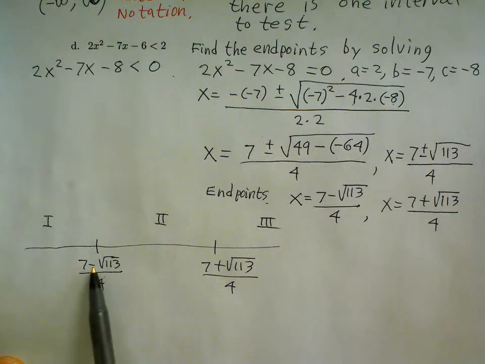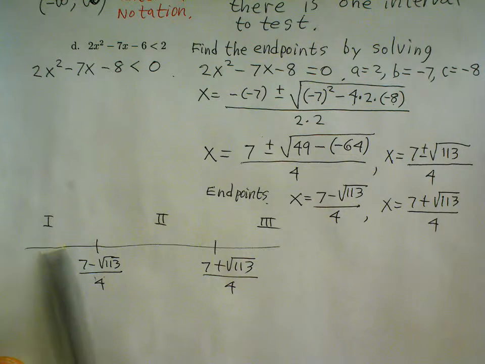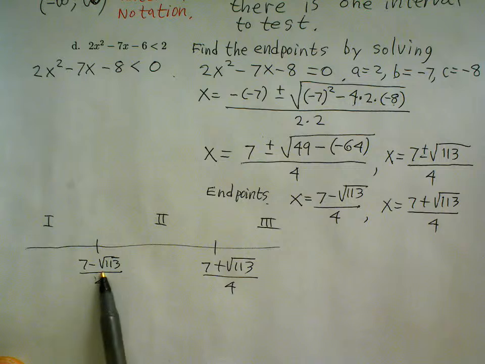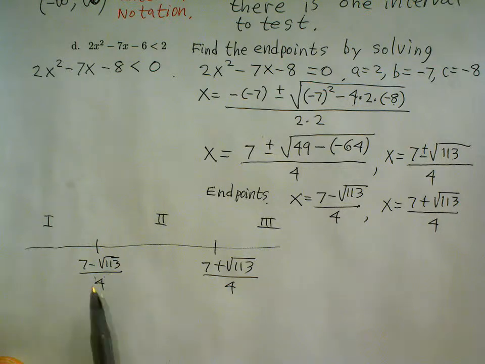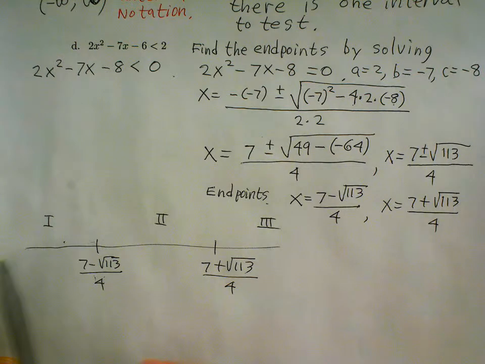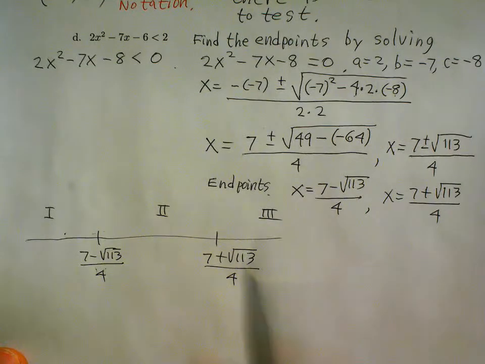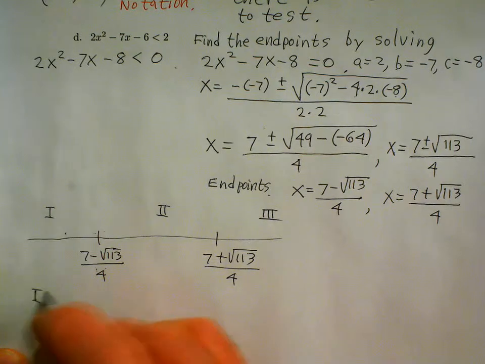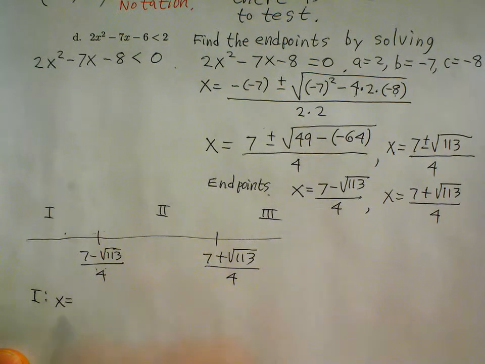So a number that's smaller than 7 minus the square root of 113 over 4 is -1. But if you want to make sure that you're in that interval, you can move farther to the left. So just to be safe, I'm going to pick x to be -2.